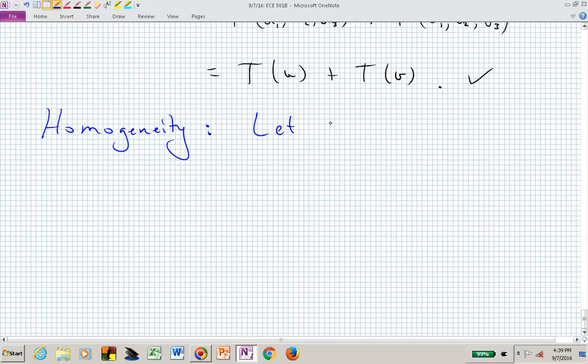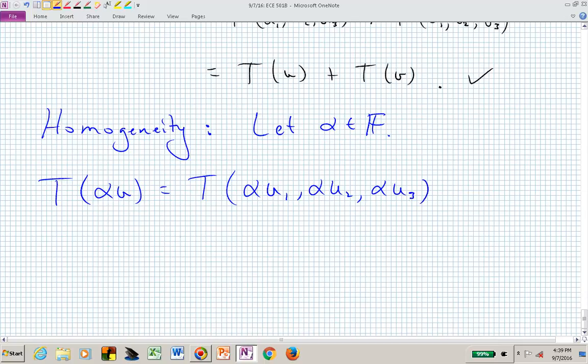And for this, let's just go ahead and let our scalar be some element from our field of numbers, F. If we take alpha u and use the projection operator T on that, that's now T of (alpha u1, alpha u2, alpha u sub 3). And what's the result? How many coordinates do I have in my output?